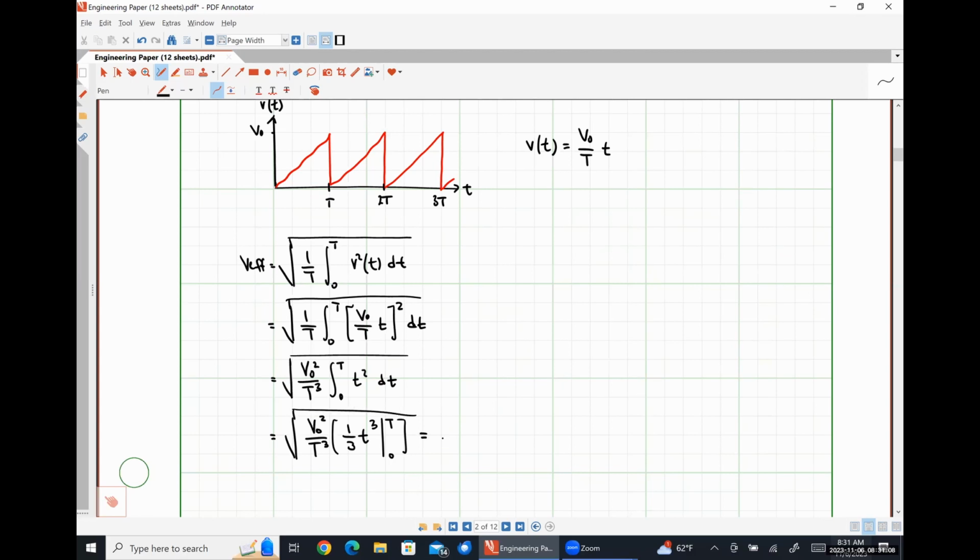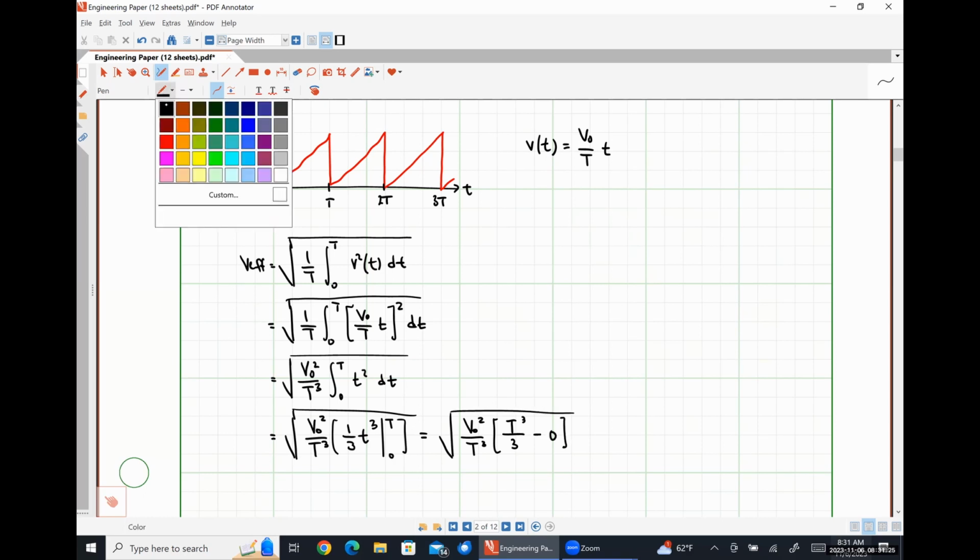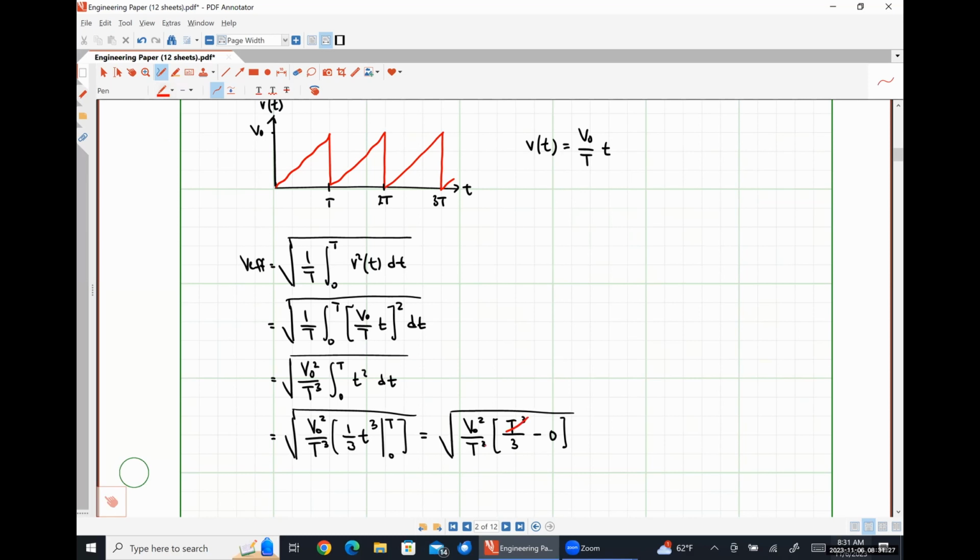So that's going to look like V naught squared over capital T cubed times capital T cubed over 3 minus 0. Capital T cubed in the numerator cancels capital T cubed in the denominator, and I am left with V naught over the square root of 3. So the effective value for a sawtooth wave is simply the maximum value of the sawtooth wave divided by the square root of 3.